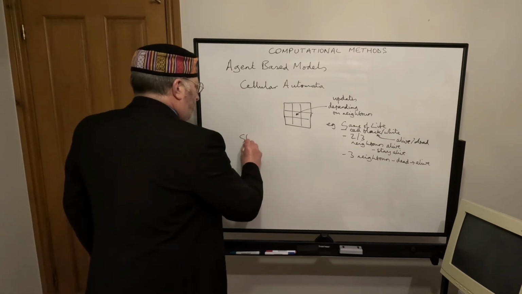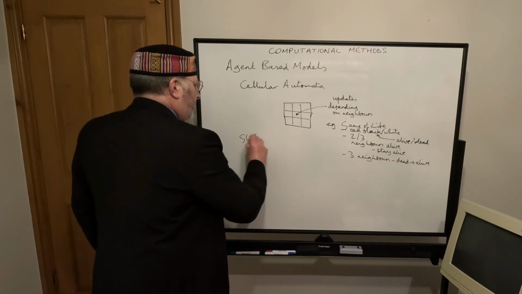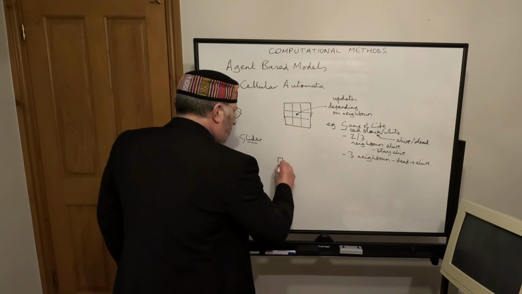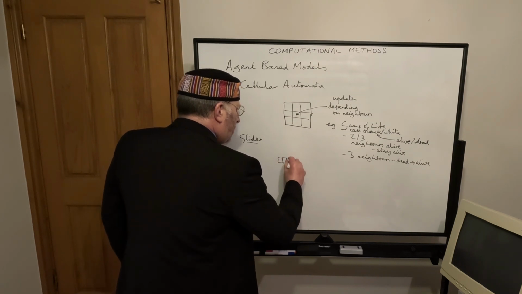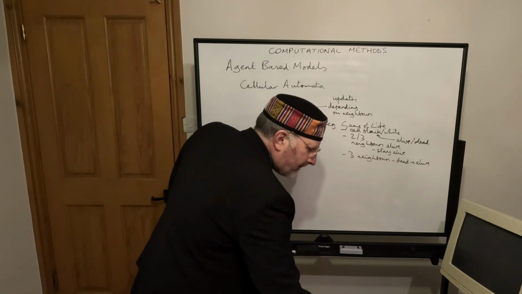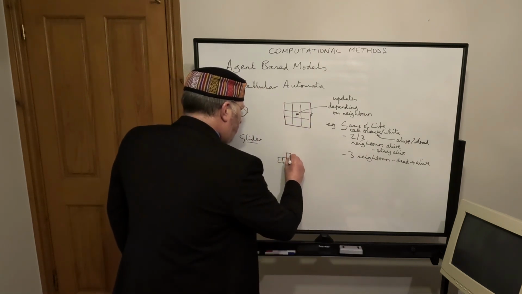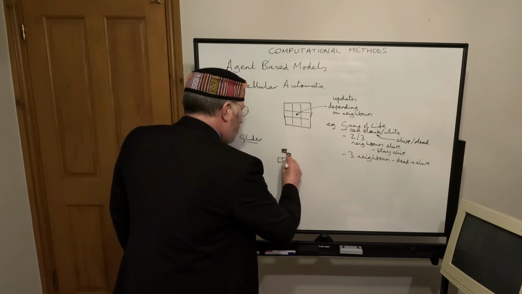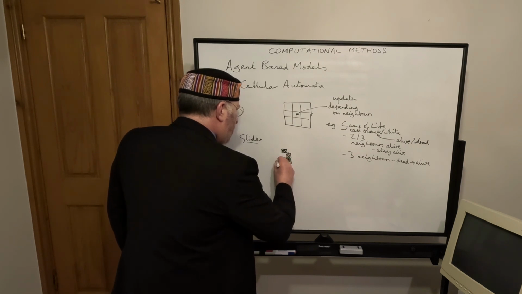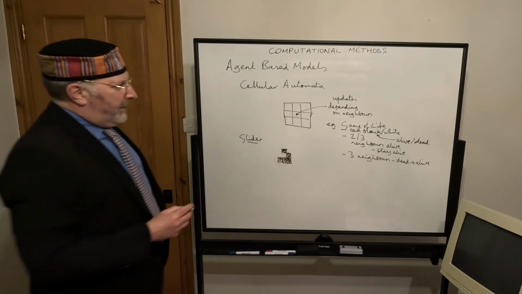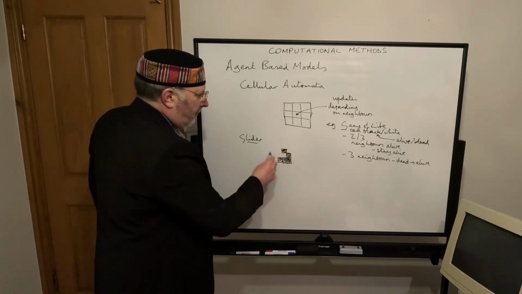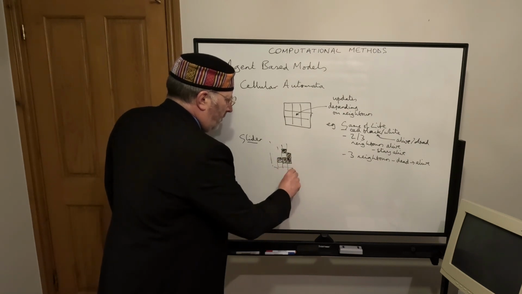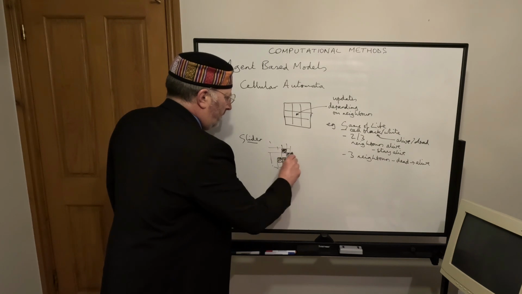One of the simplest but amazing things you get out of this is the glider, which looks like that. Those cells are alive, and this is in a grid which I haven't drawn, but all the surrounding cells would be dead.